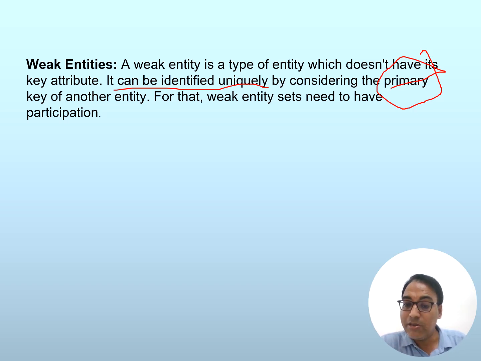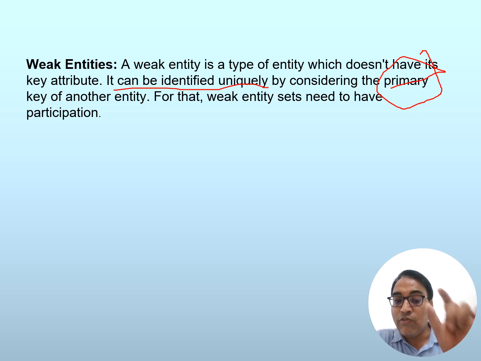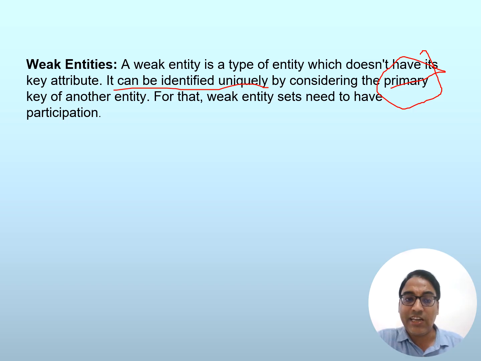So within the strong entity, the most important attribute is called the primary key. Understand properly. Whatever is the most important attribute within the strong entity part, it is called the primary key. So weak entities are always dependent on this primary key.